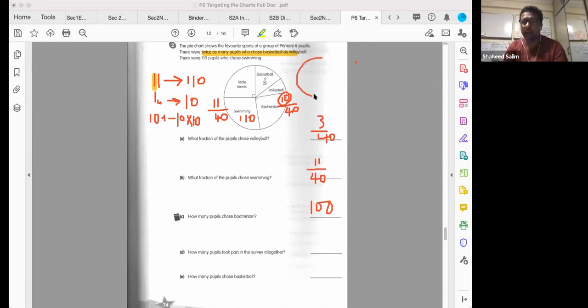Okay, if you can't, I'll draw it for you. So down here now, we say there's 100. For which one? Badminton. Badminton is a small one on here. All these are quarters.